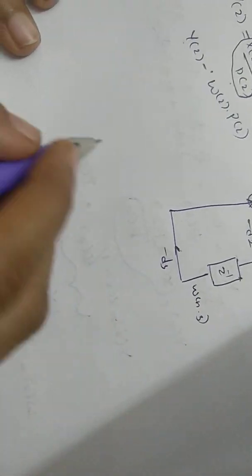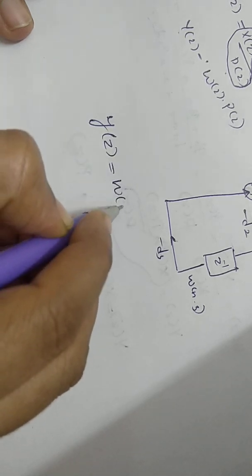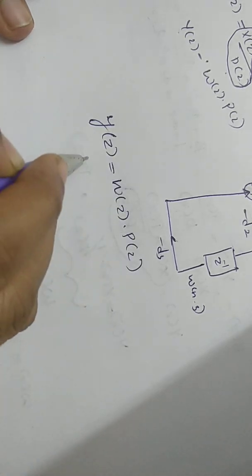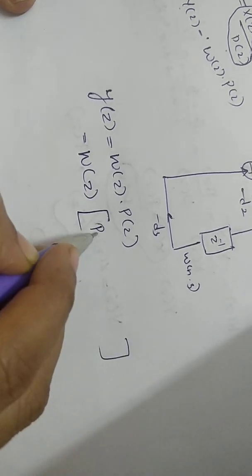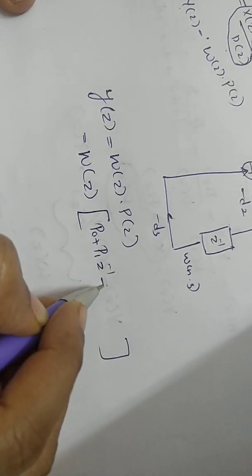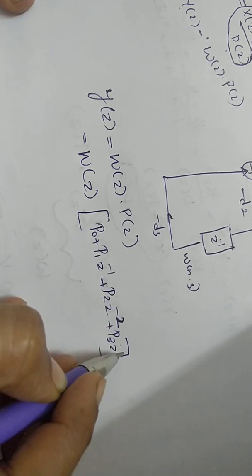So y of z is equal to w of z into p of z, which is equal to w of z into, I am expanding p of z, that is p0 plus p1 z raised to minus 1 plus p2 z raised to minus 2 plus p3 z raised to minus 3.